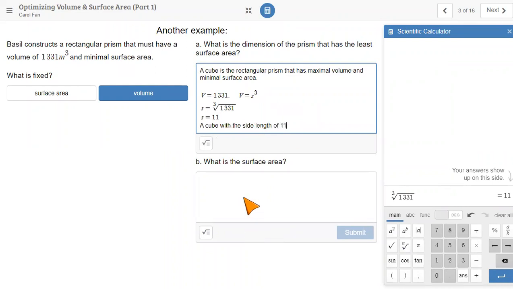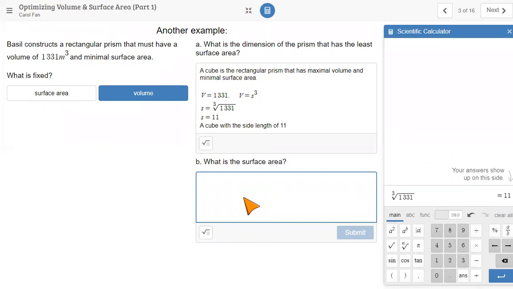So what's the surface area of this? My cube is going to have 6 sides that are exactly the same. So my surface area is 6 times s squared. Surface area is equal to 6 times 11 squared.